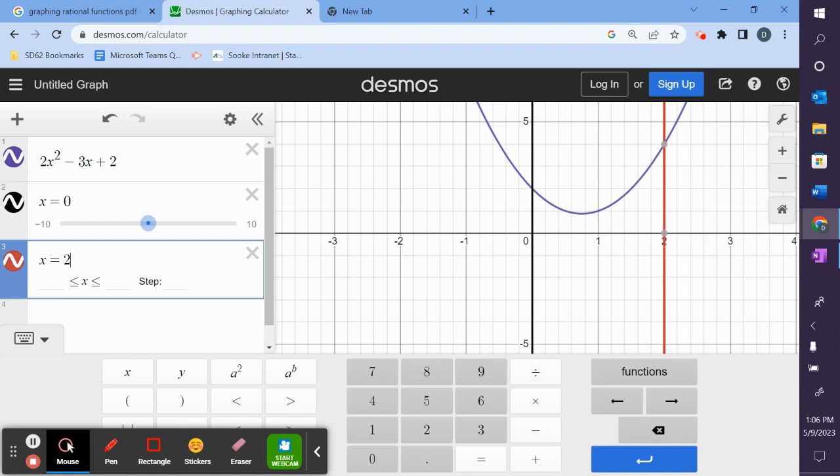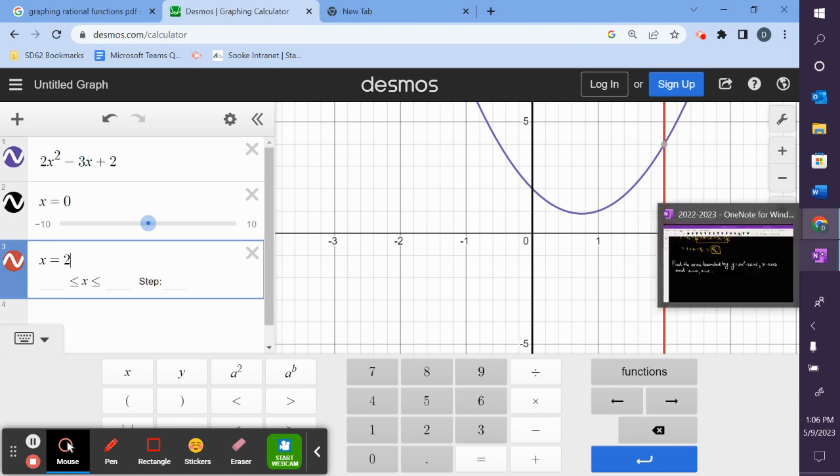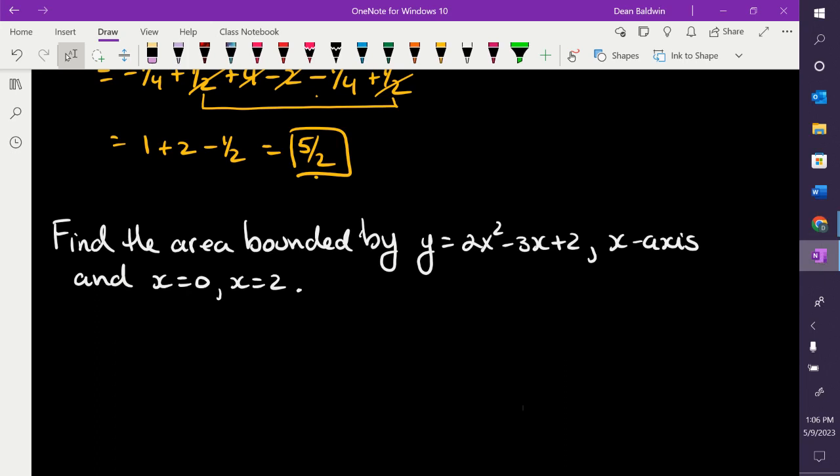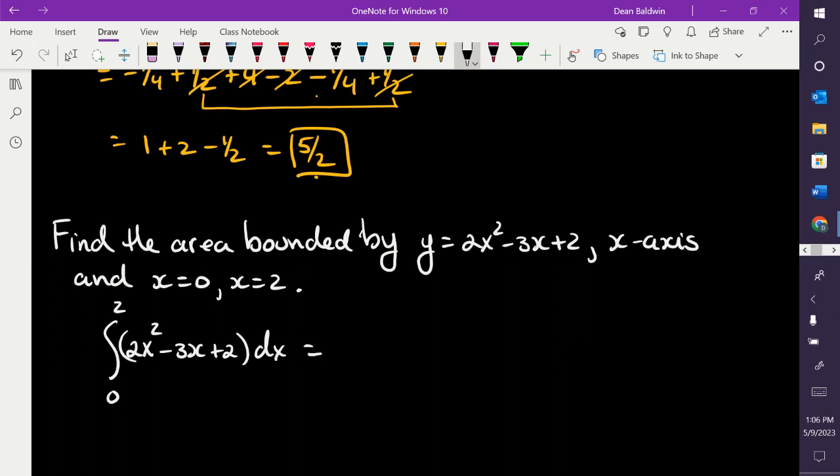Right now, we're just setting up the integral from 0 to 2 of our quadratic. So it's going to be the integral from 0 to 2 of dx.